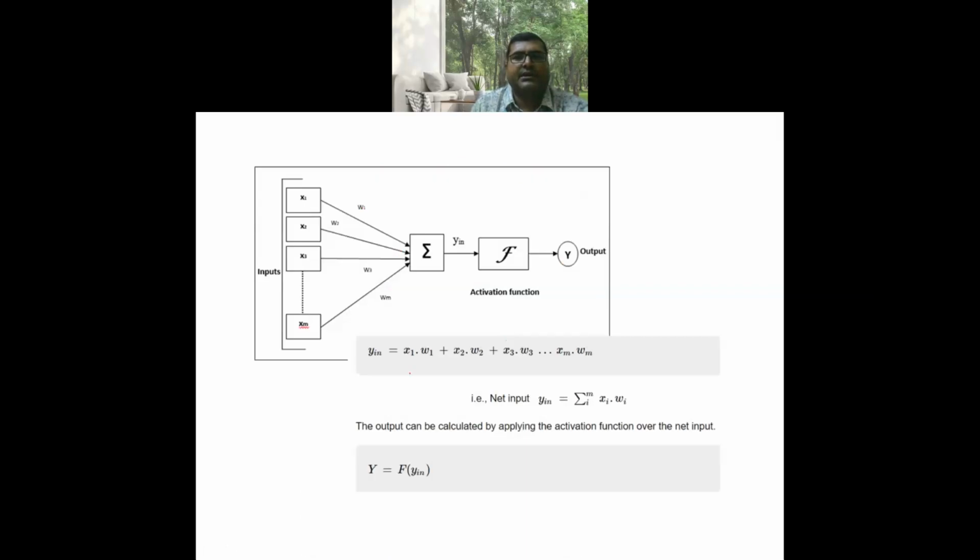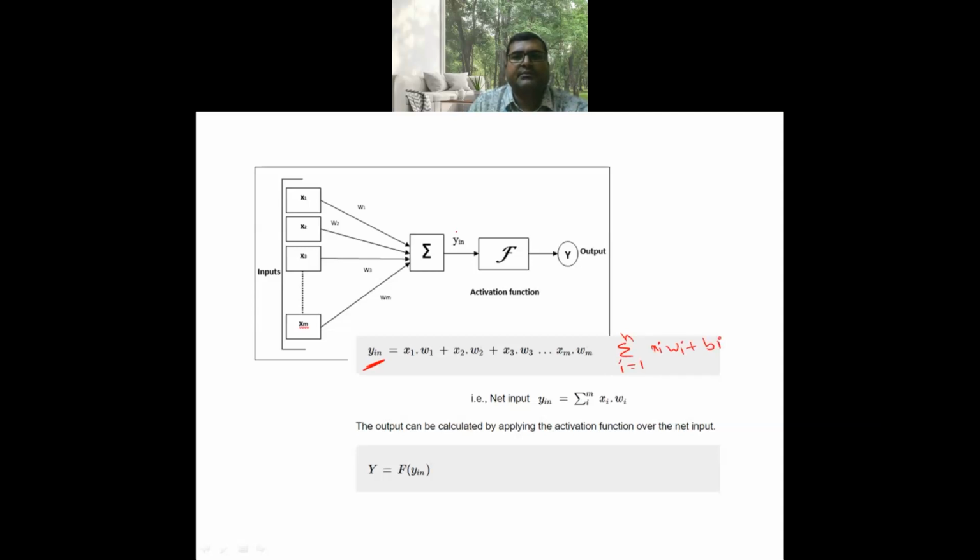Now here, we just discussed what is going on at a particular perceptron or an artificial neural network. The summation is equal to the sum, i from 1 to n, of xi wi plus some bias.